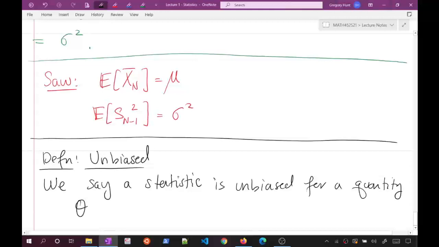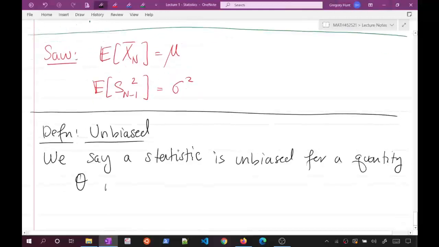It doesn't matter what it is. A statistic T is unbiased for some quantity theta if the expected value of my statistic, T of x, is theta.